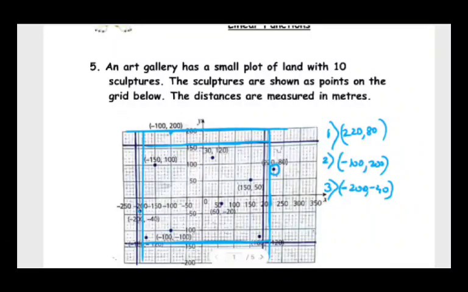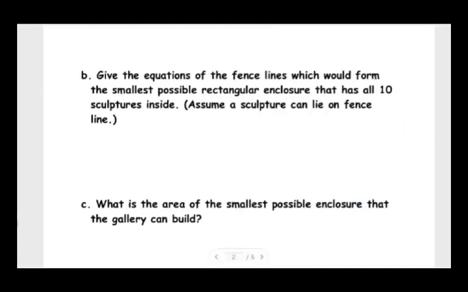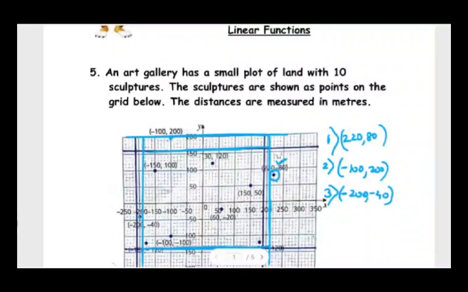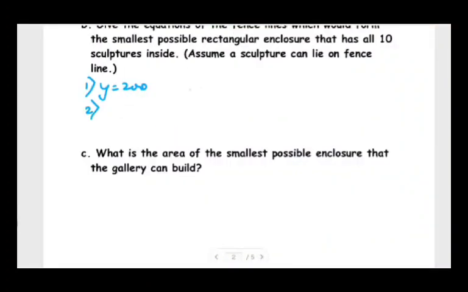That's going to be my equation over there. So one is y is equal to 200. That's one equation, one line. What's the second one? If I take this one, it's going to be on my x-axis, so x is equal to 220. Third one.